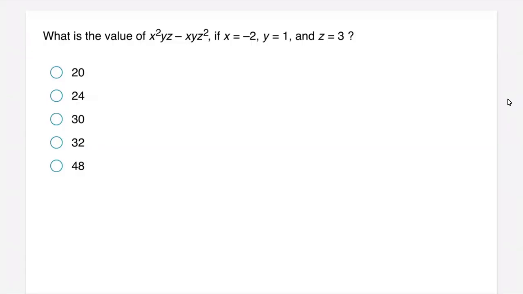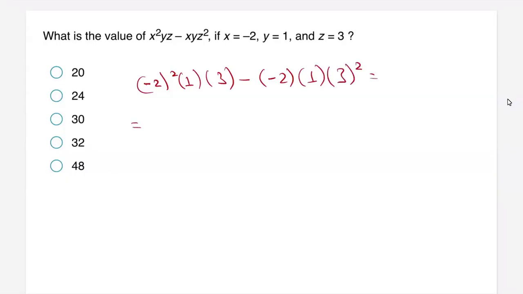Okay. X squared minus 2 squared times y, that is 1, times z, that is 3, minus x, that is minus 2, times y, that is 1, times z squared, that is 3 squared.